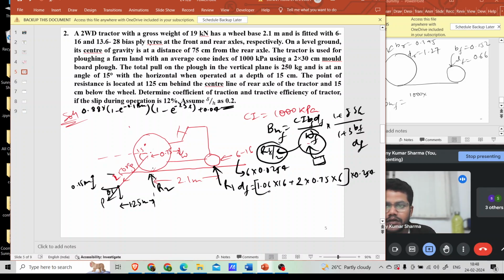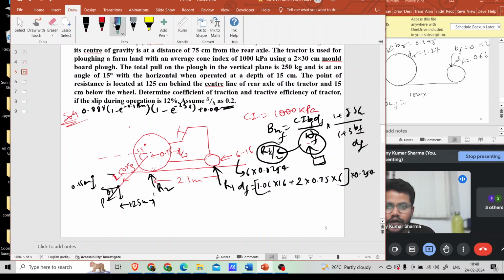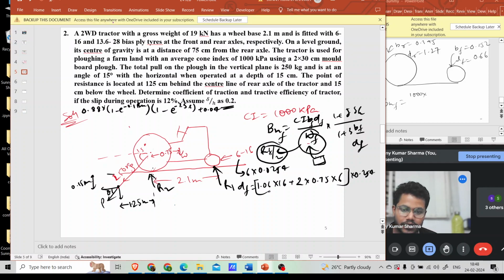And how will we calculate RF and RR at this point? How will you calculate R1 or RF? If you take the moment around the RR axis, then you will get RF, and when you take moment around RF, you will get RR.